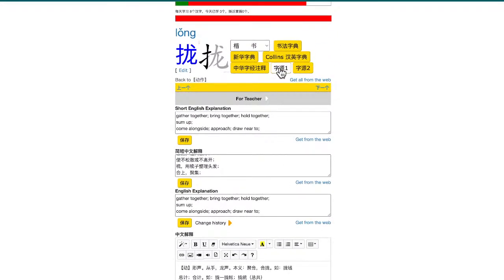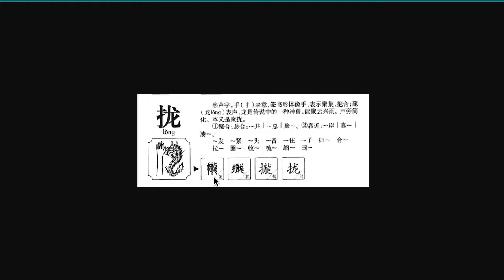Now let's take a look at the character. On the right hand side is the character 龙. 龙 is the dragon, right? The legendary mystical beast, the Chinese dragon. I think everybody knows about it. This divine animal has superpowers.